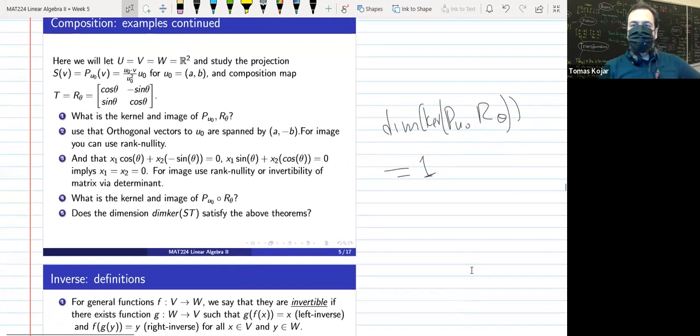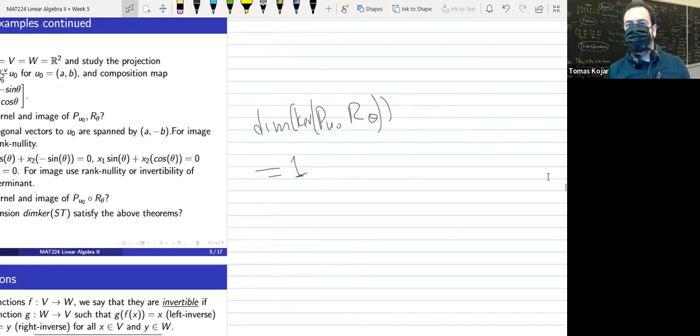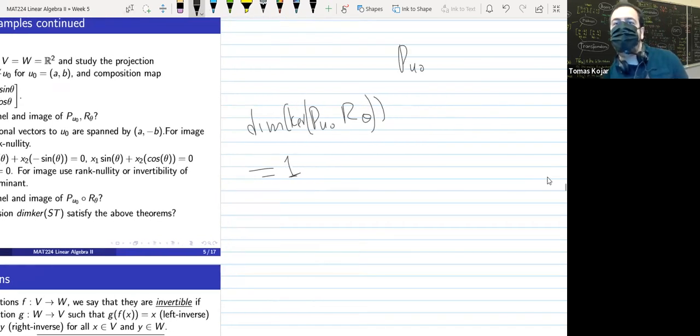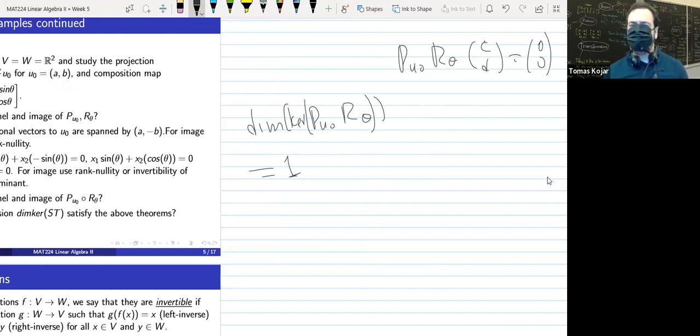All right. So the dimension of the composition for the kernel is still 1. What's a way to see it? You have P U0 rho theta, some C, D gets mapped to 0, 0. We already computed that the kernel of R theta was just the 0 vector.